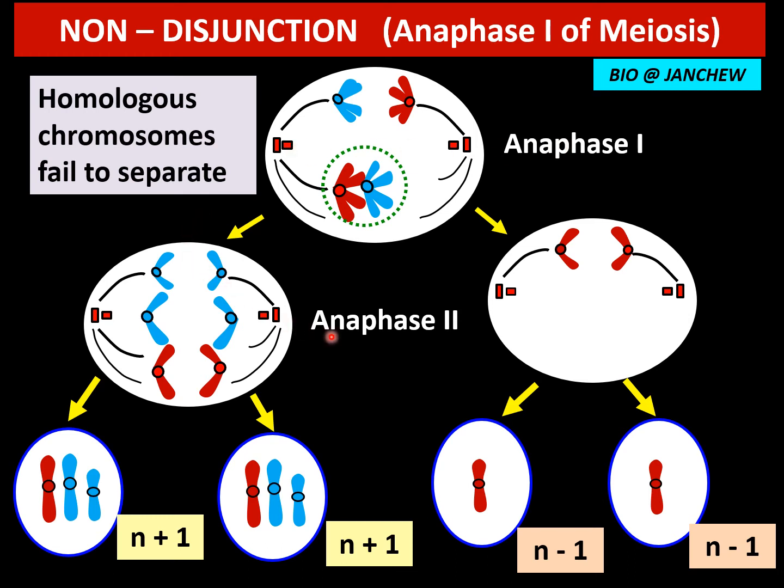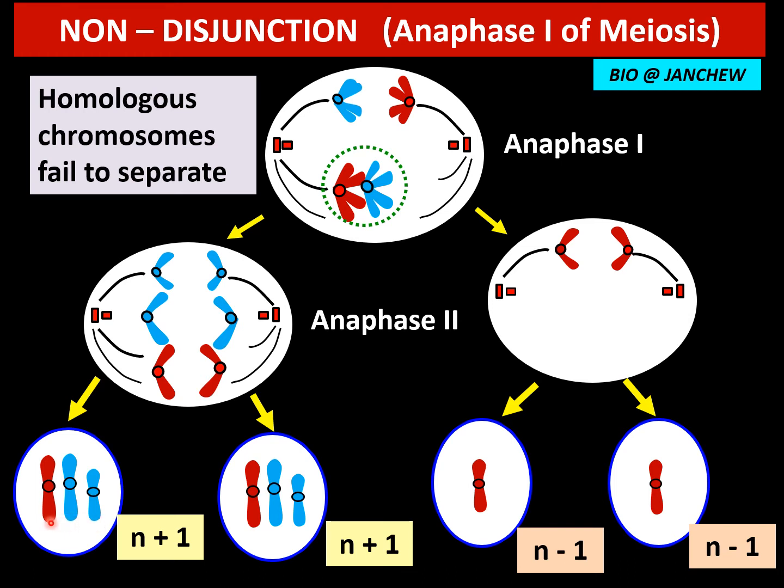Then in anaphase 2, these chromosomes are together, and their sister chromatids will separate from each other. This will lead to the formation of abnormal gametes having one extra chromosome number 21. A gamete should only have one chromosome 21 and one copy of the other chromosomes.